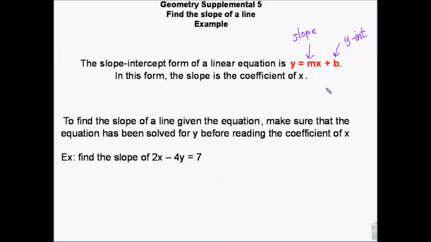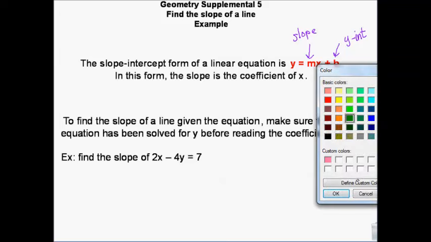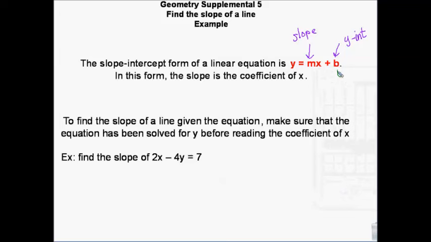So this form of an equation is really great for graphing, because when you're graphing, let's do green, this tells me where to start, and this tells me where to go from there.